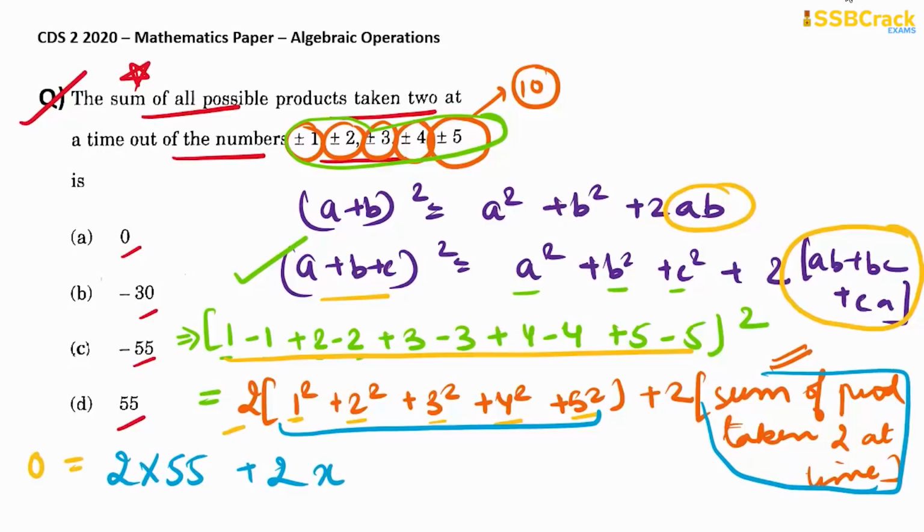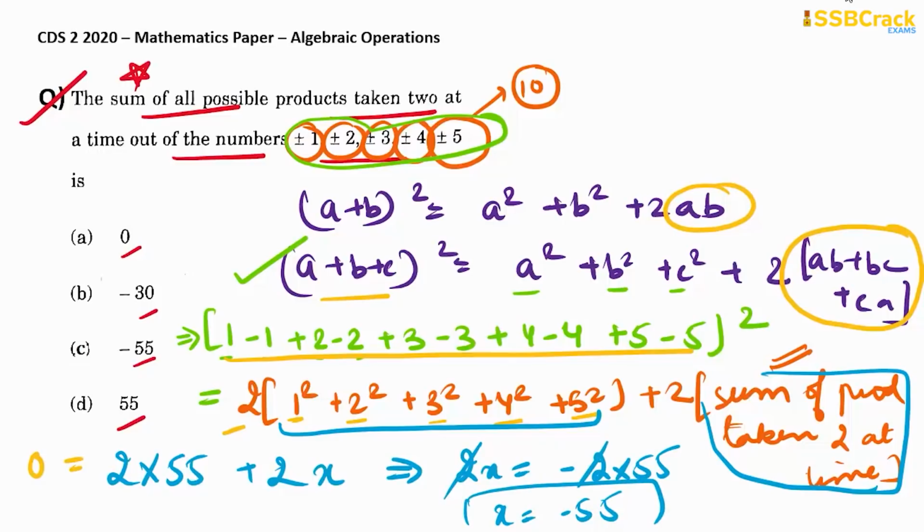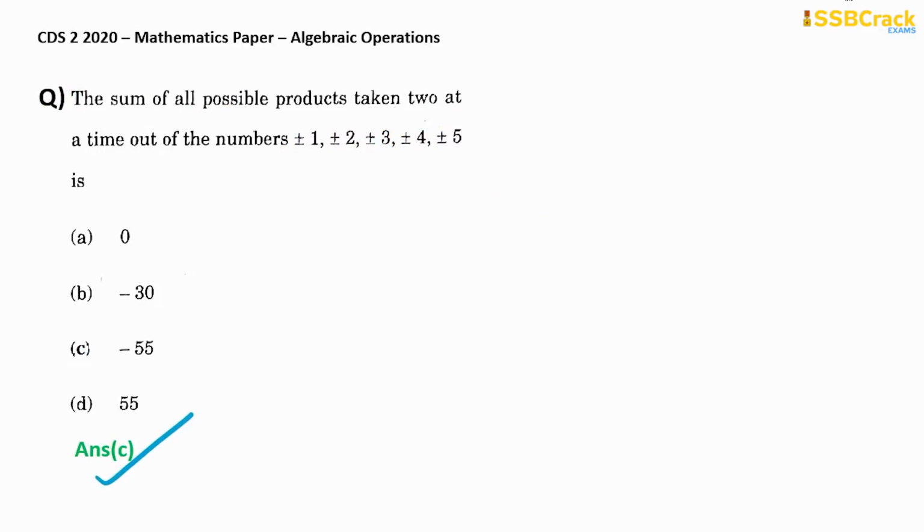Now by transposing, we get 2x is equal to minus 2 into 55. This 2 cancels on both sides, so x is equal to minus 55. So the answer for this question should be option C. Let's check. So yes, option C is correct.